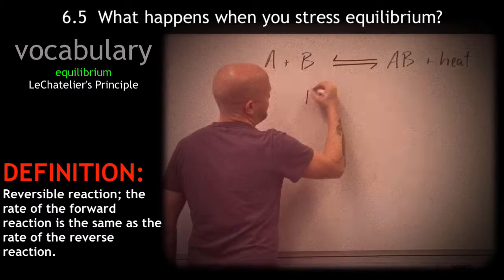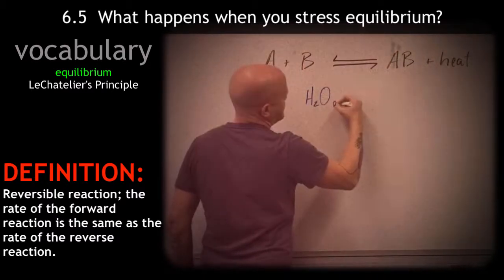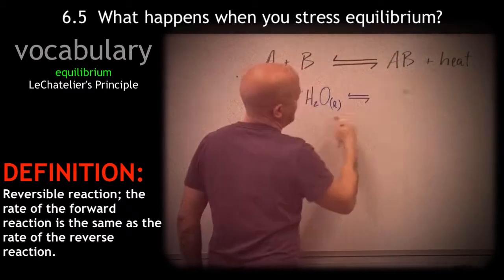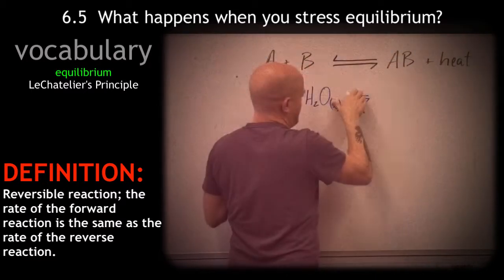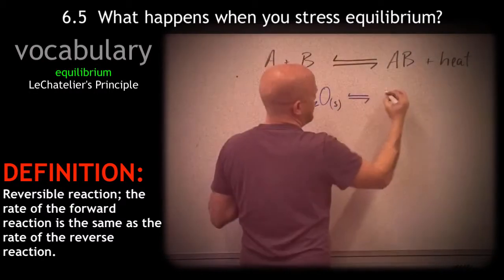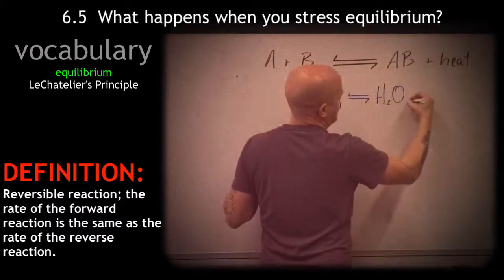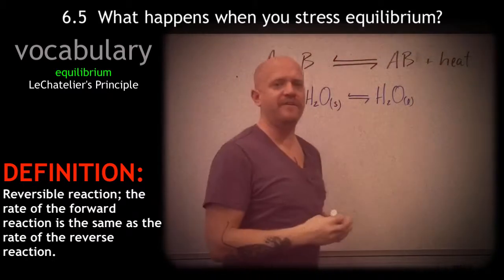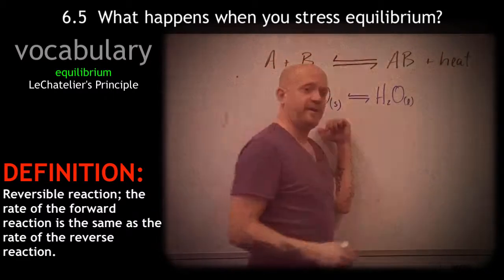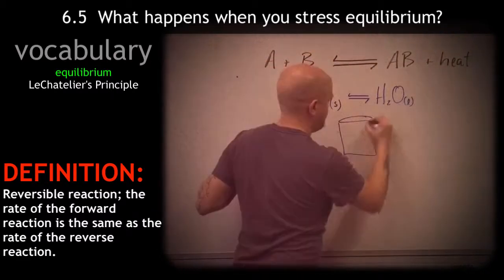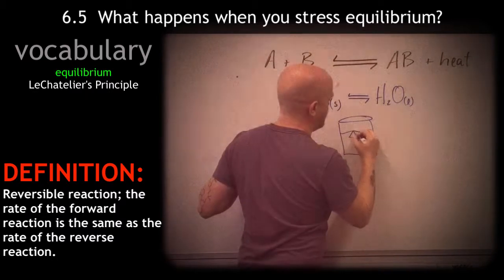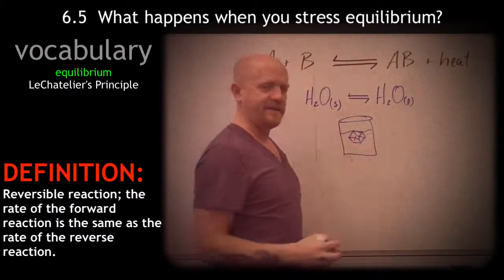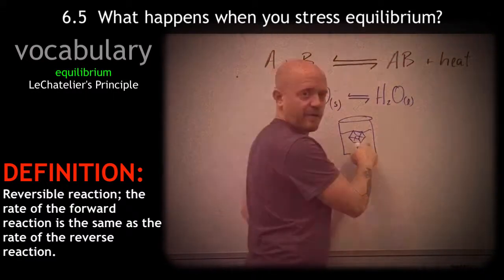Another way you can think about it is when ice is melting. Let's make this solid and this liquid. So basically, it's in equilibrium. If I have a glass of ice water, some of those particles are in solid form in the ice cube, and some of the particles are liquid water.